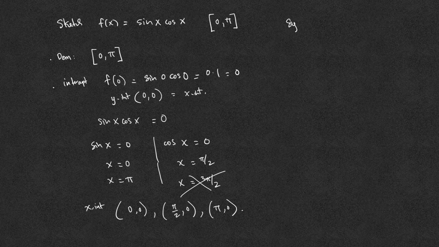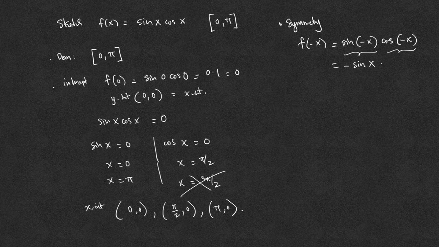To determine any symmetry of the graph, we simply evaluate f of negative x. F of negative x is sine of negative x times cosine of negative x, but sine of x is an odd function, so sine of negative x is negative sine of x. Cosine is an even function, so cosine of negative x is cosine of x.